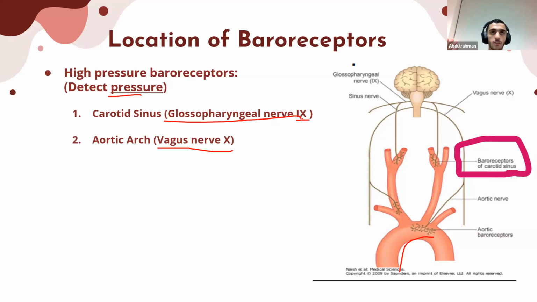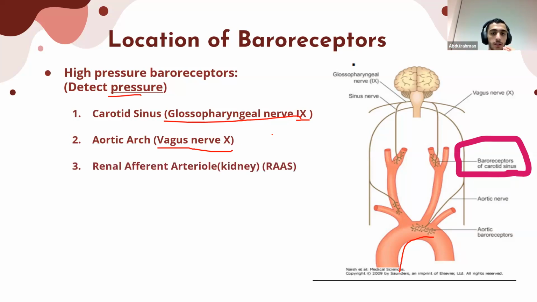The term cranial nerve is just to differentiate between spinal nerves and cranial nerves. Cranial nerves are the ones for the head. So the carotid sinus activates the glossopharyngeal nerve, and this is a really important point. The aortic arch, on the other hand, activates the vagus nerve, which is nerve 10. And this is also another important point to differentiate between them.